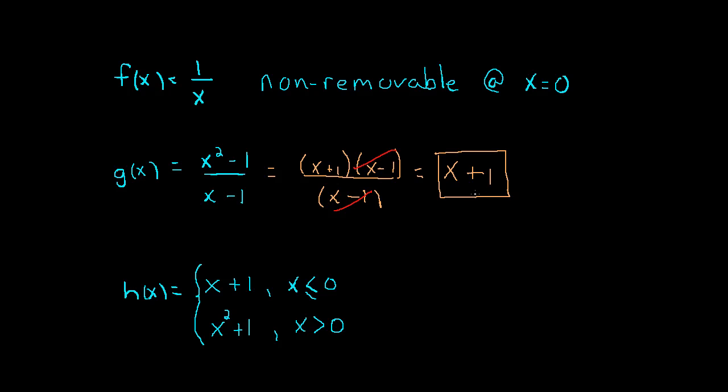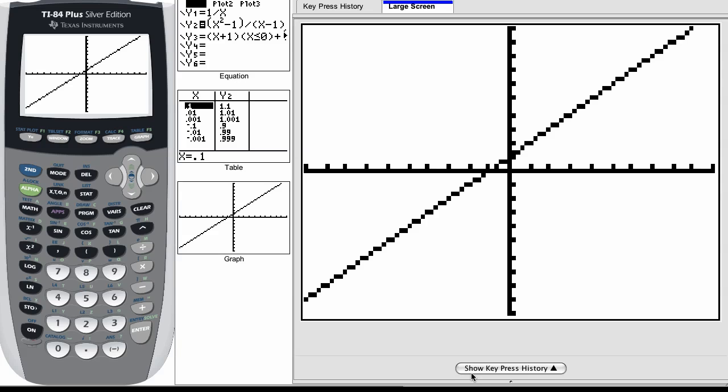Now, if we consider that and we go back to the calculator, this really does look like the graph of x plus 1. It goes through the y-intercept at 1, looks like it has a slope of 1. But this is a little disconcerting here. We know that 1 is not in the domain of this function right here. So what's going on? Well, it's a calculator thing.